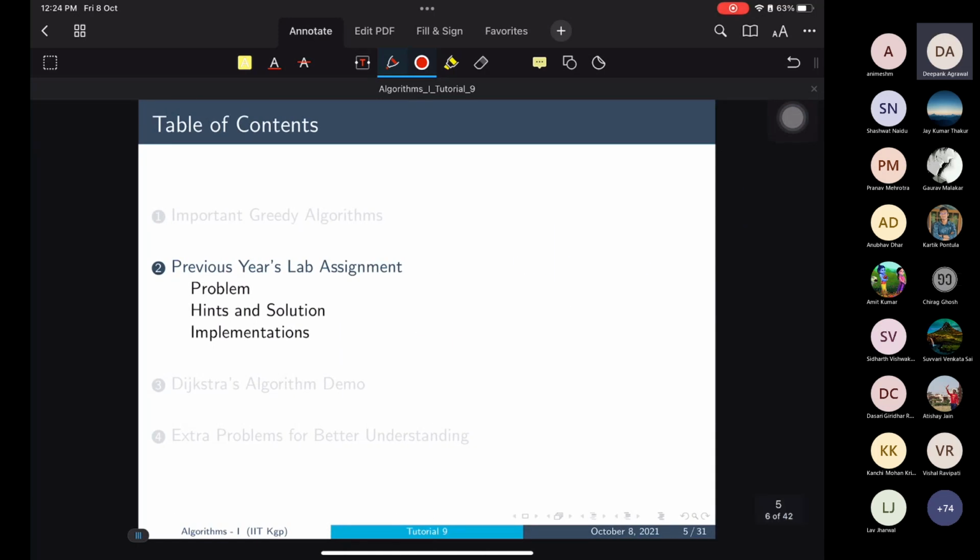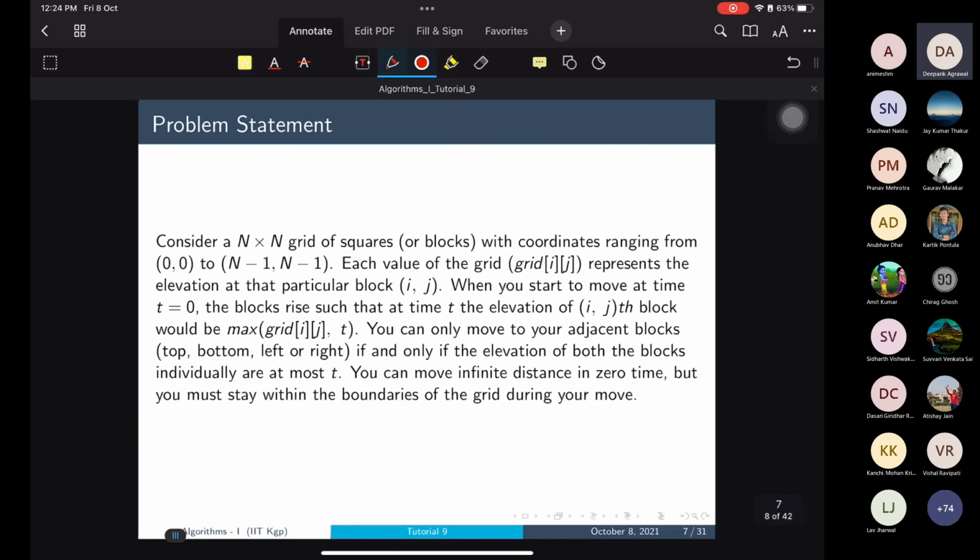So let's move on to the previous year lab assignment problem. This is the problem statement. We are given an n by n grid of squares or blocks, as you all know grids, with coordinates ranging from 0,0 to n minus 1, n minus 1.